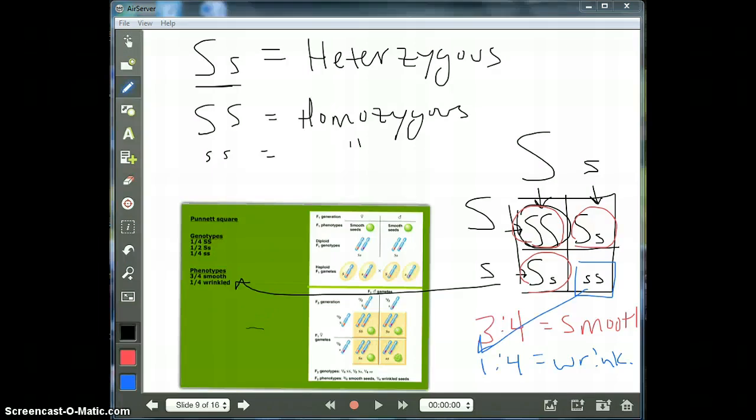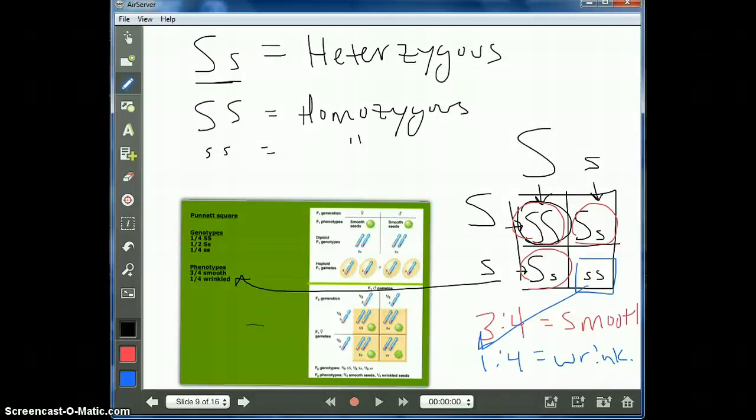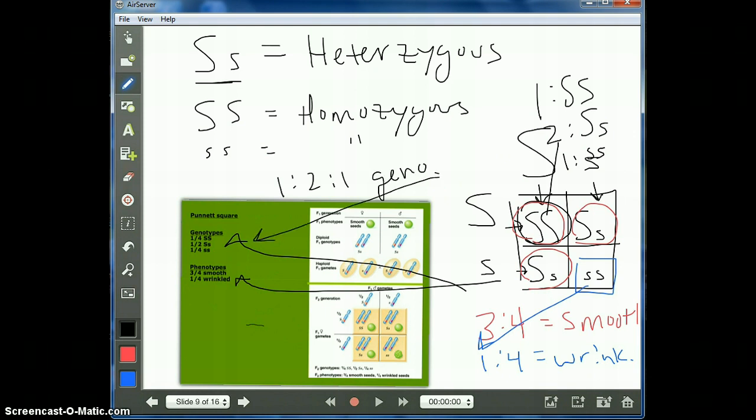Taking a look at the last part, it's referring to those genotypes, showing you that one of them is two big S's, two of them are big S and little s, and one is two little s's. So what you have is considered a 1 to 2 to 1 ratio of the genotype.